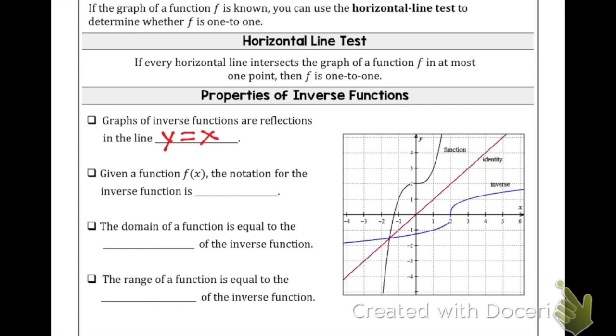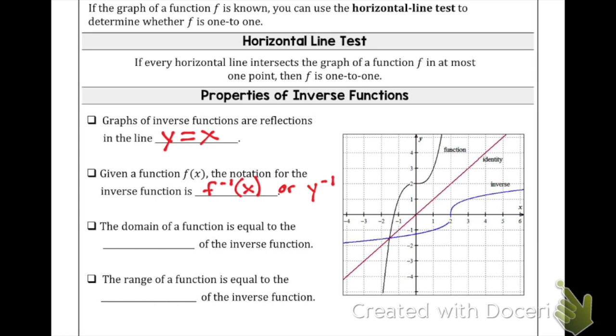If you are given a function, our notation in function notation for the inverse, remember, is f with the -1, which looks like an exponent, but it's not an exponent. If we're not in function notation, we can just do y with that -1 superscript.